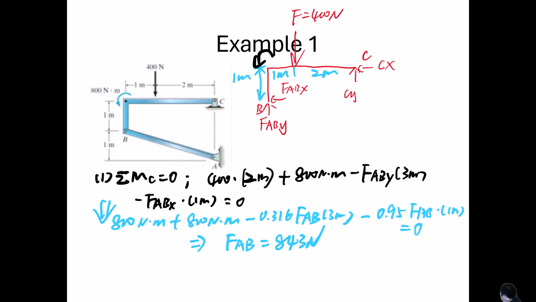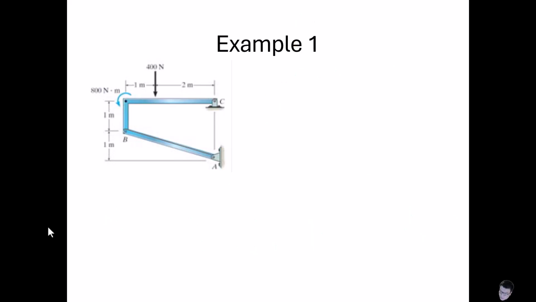And our second equation, sum of the Fx equals to 0. Okay, we will have Cx minus ABx equals to 0.